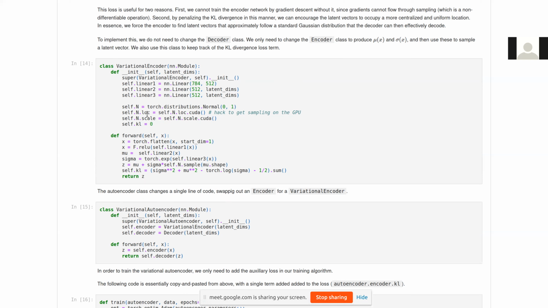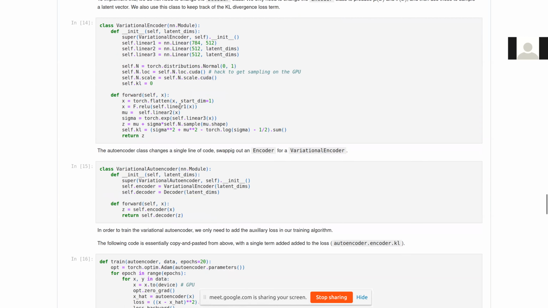Remember, in the case of autoencoders, we just have the reconstruction loss, but in the case of the variational encoder, we have this reconstruction loss plus the KL divergence loss. So that KL divergence loss is being implemented here. Self.kl is 0. And this N is basically the normal distribution from which we will be sampling the z.